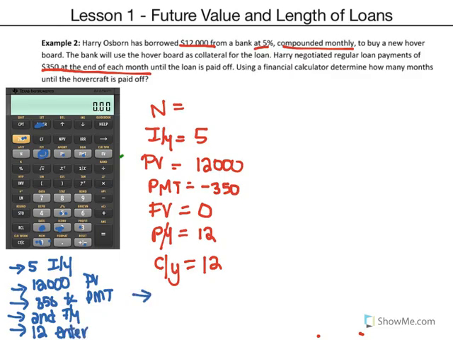Then we're going to hit the up button, and we're going to hit 12 and then enter again. Then to close out of this screen, we're going to hit second function compute, and now everything is inputted, so we're going to compute our number of values.